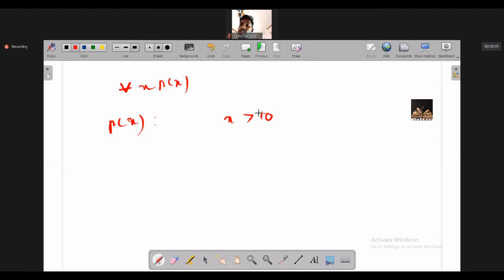For all x, p of x means all x values are greater than 10. Or otherwise, take x greater than 0, where the domain is real numbers.